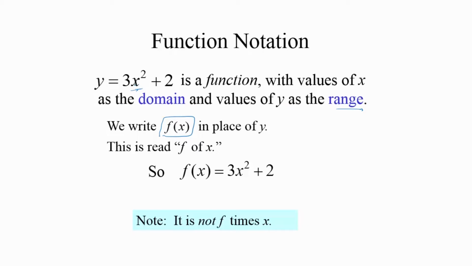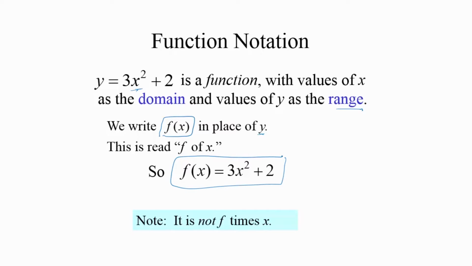So for different values of x, you get a value for y. We write f of x in place of y, and we read it as f of x, not f multiplied by x, but f of x equals 3x squared plus 2.